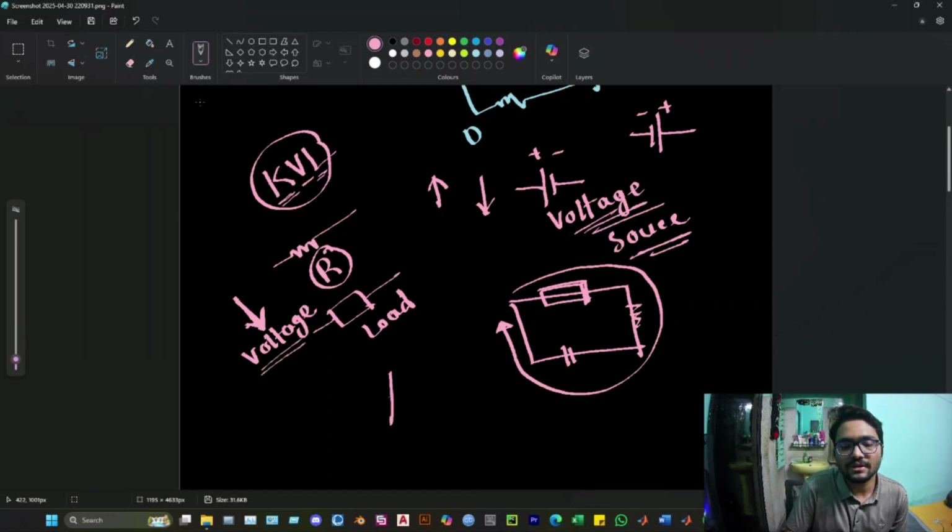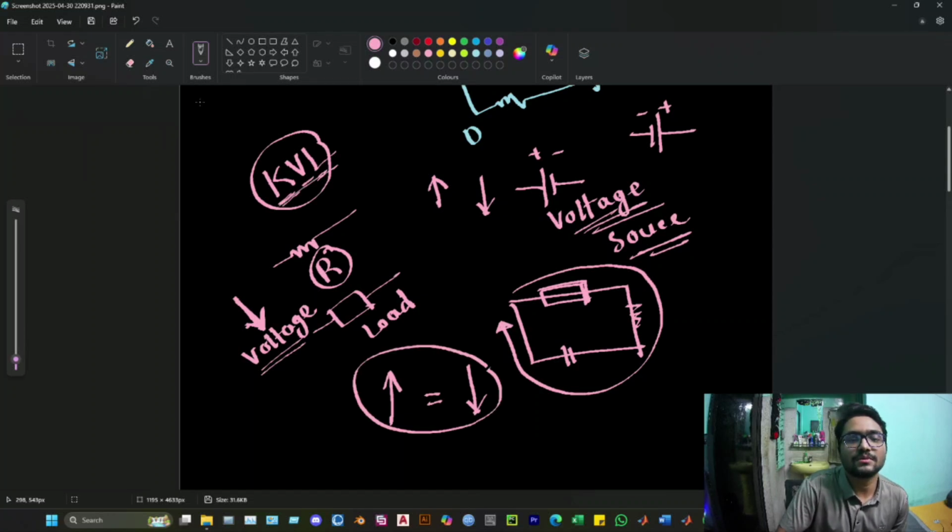That means if we put all the voltage increases on the left side, we have to put all the voltage decreases on the right side. Then these two will be equal. And this is the fundamental concept of KVL.